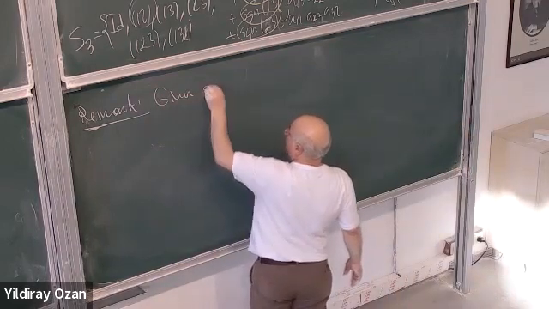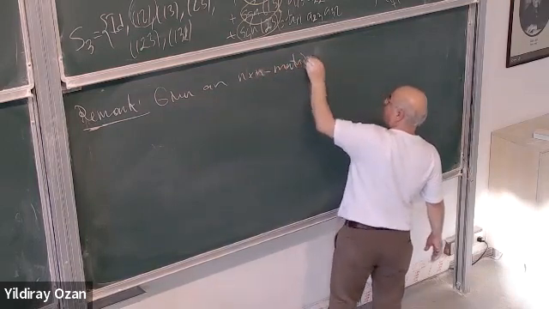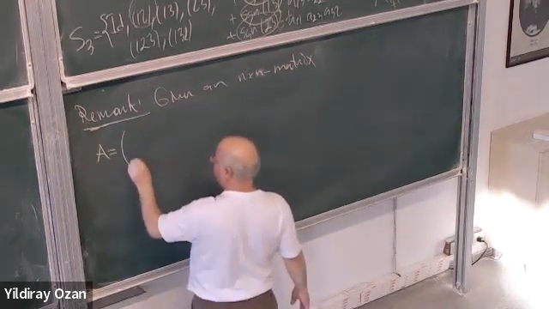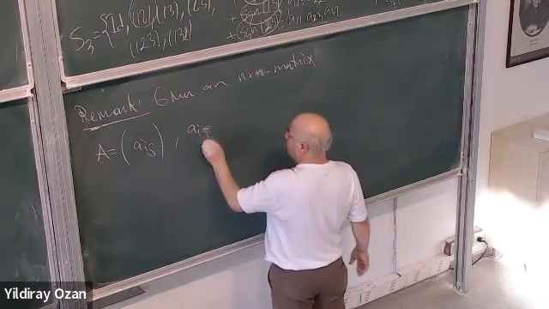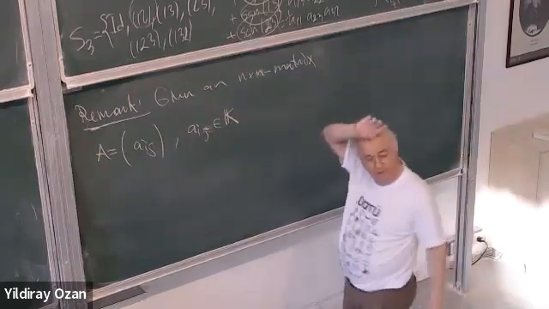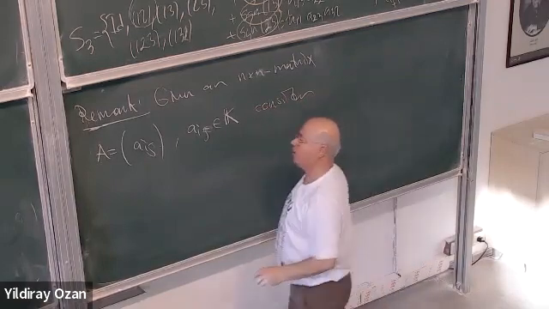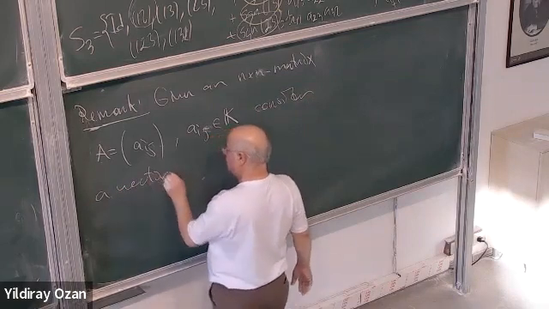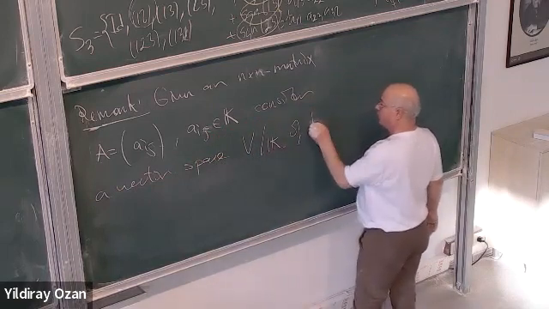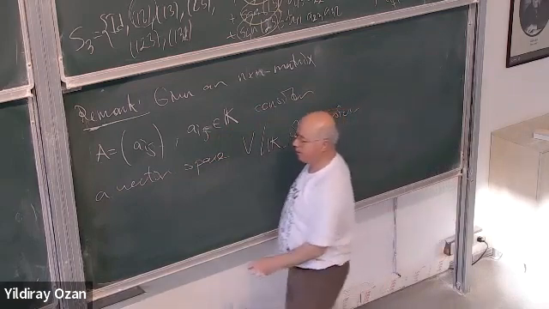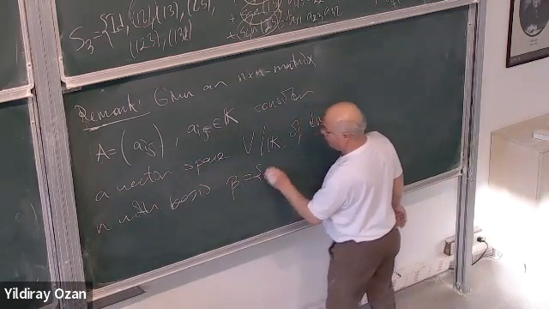Well, given an n by n matrix, let's say Aij, here the Aij's are in some field K. Consider a vector space V over K of dimension n with basis, let's say, E1 up to En.